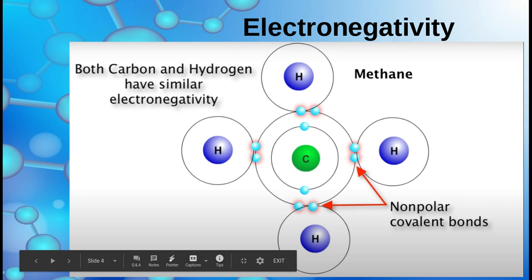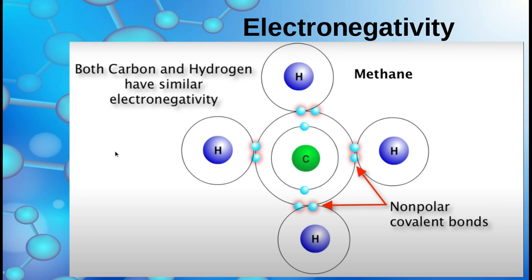And so that brings us to electronegativity when it comes to polar and nonpolar bonds. Carbon and hydrogen are similar in their electronegativity. So they're going to share, that's a covalent term, share their electrons equally.